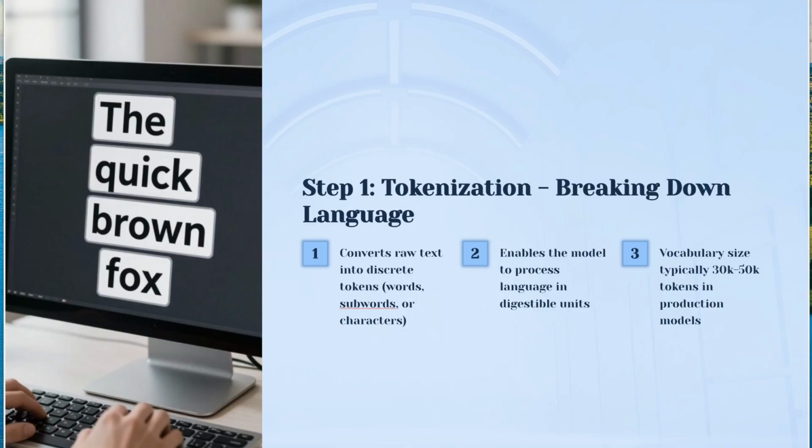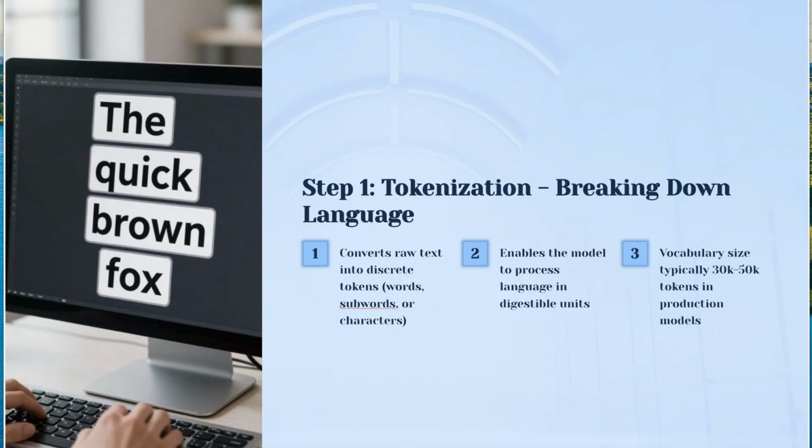Tokenization allows the model to process language in small digestible units rather than treating the entire sentence as a single object. In modern production models like BERT, GPT, T5, we usually rely on subword tokenization, the most recent one being byte pair encoding and its variants. This helps strike a balance, efficiently handling words while still representing rare words, completely new terms, or even other languages.